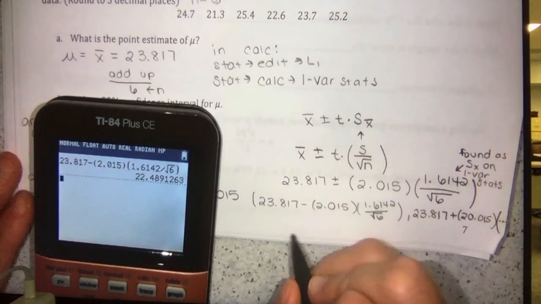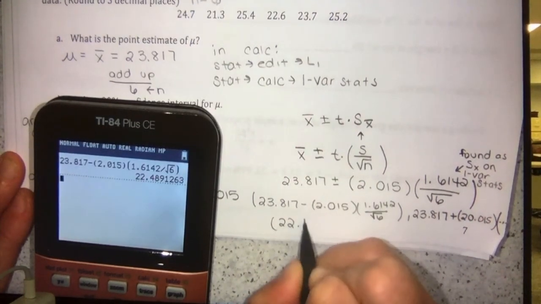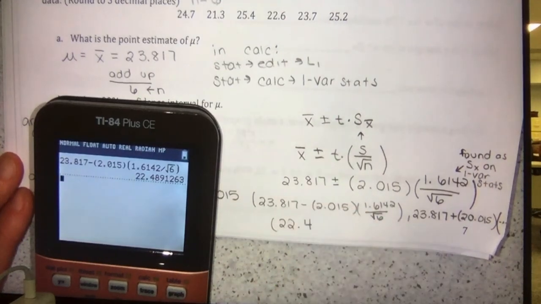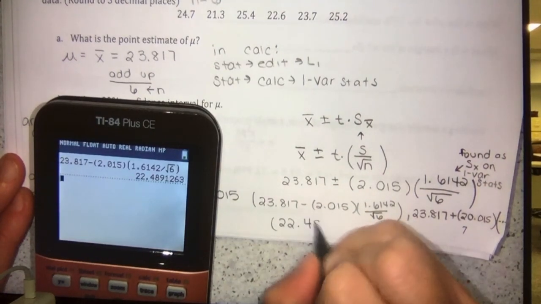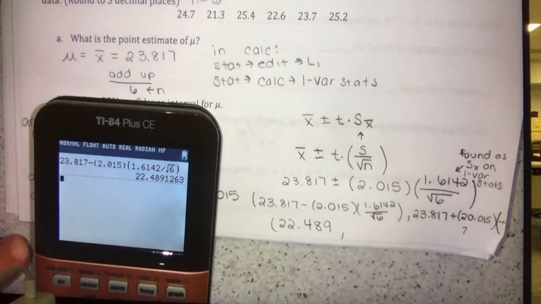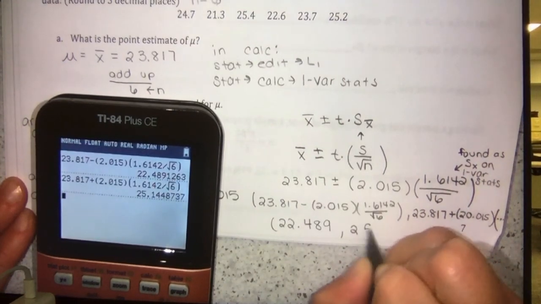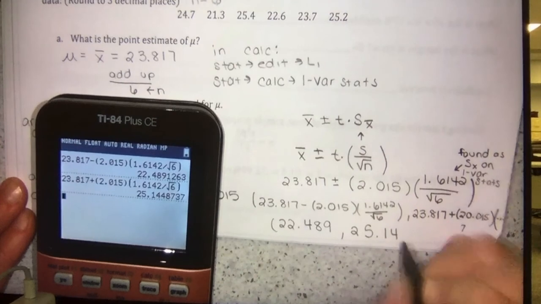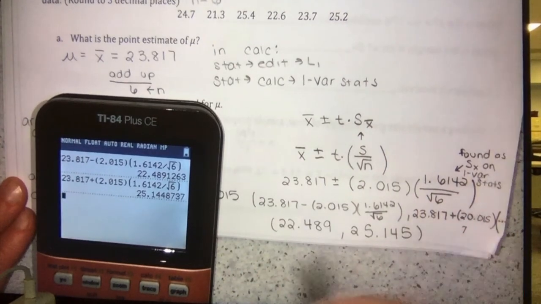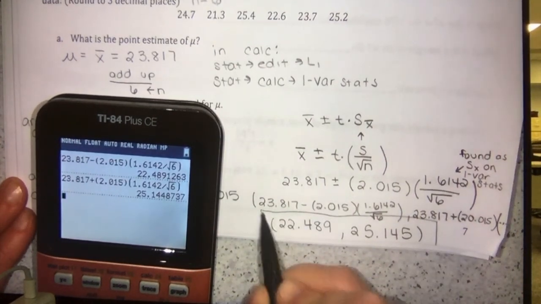Which will give us the lower boundary of 22.4, round to 3 decimal places. So 891 will just be 89. Second, enter, scrolling over, changing that subtraction to addition. Our upper boundary is 25.1448. We'll round up to 5. And boom, that's our final answer.